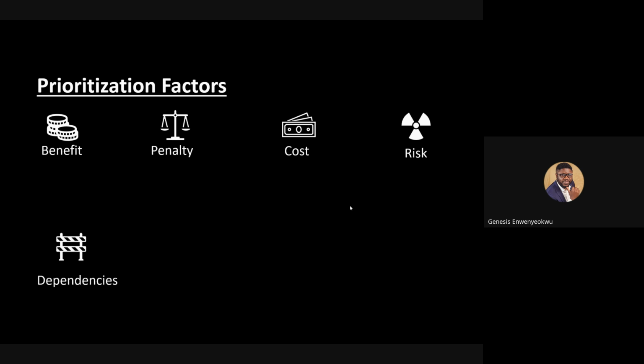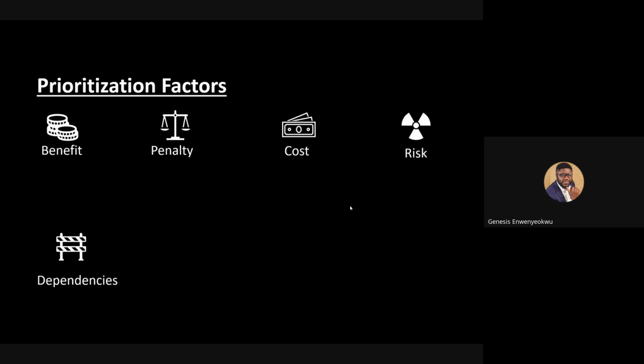Another one is dependencies. Dependencies talk about when things are stacked in order of implementation. Let me give an instance. If you want to eat, it's dependent on your ability to get up and go to the kitchen.